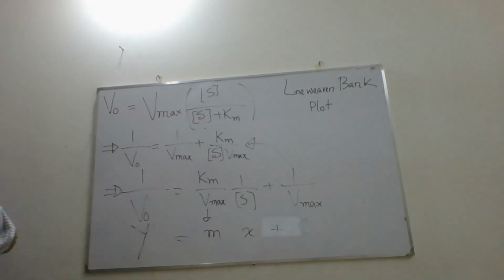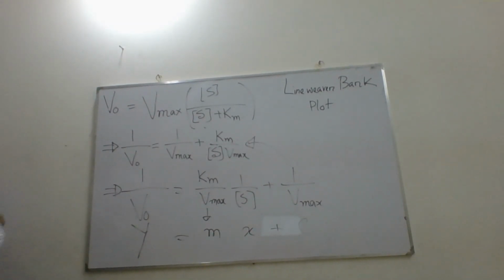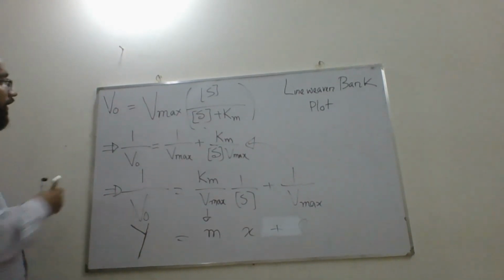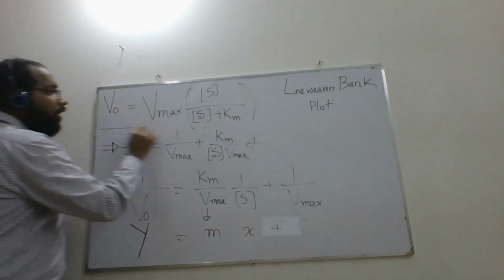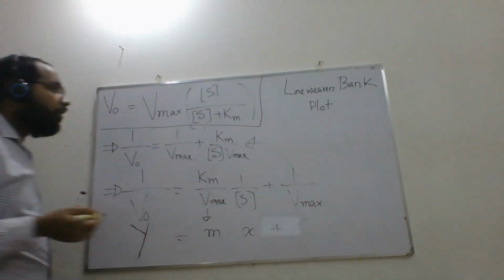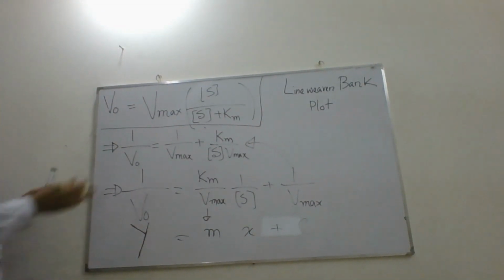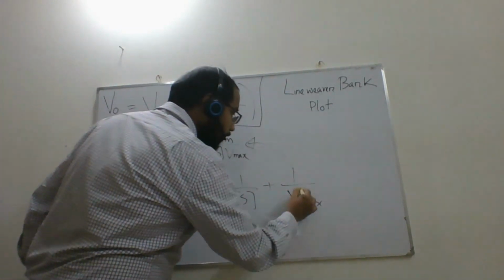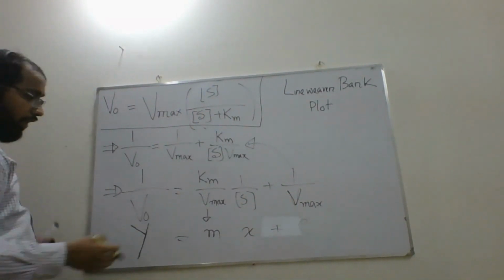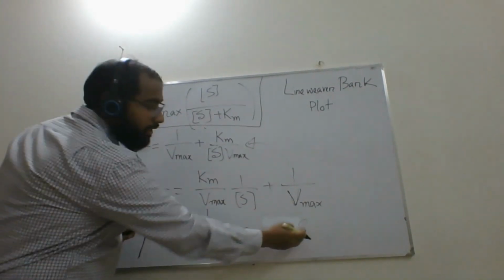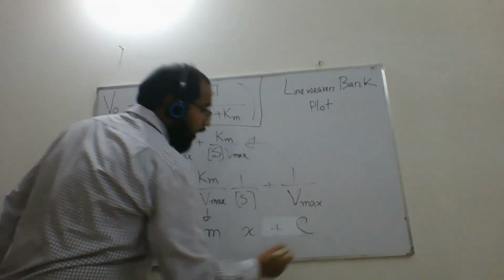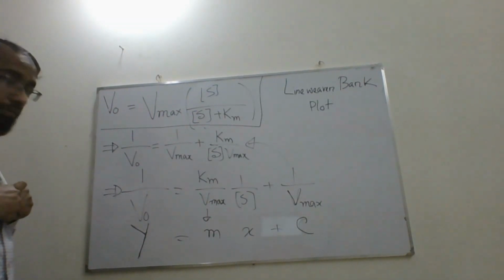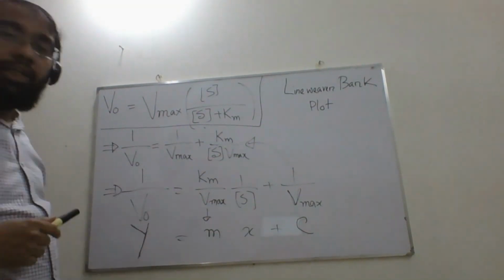We have now obtained a linear equation from the Michaelis-Menten equation. The Michaelis-Menten plot is basically a hyperbolic curve, but the expression we obtained just now has the form y equal to mx plus c, the standard equation for a straight line.